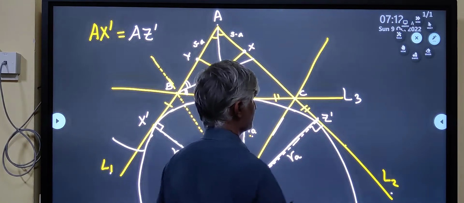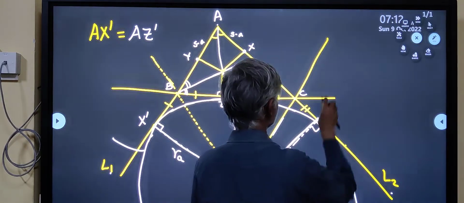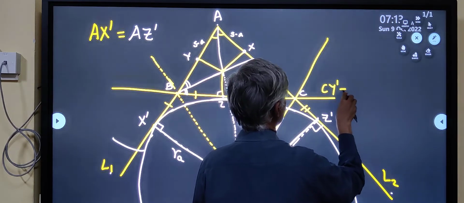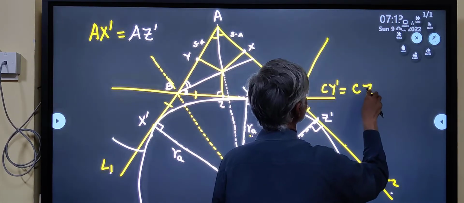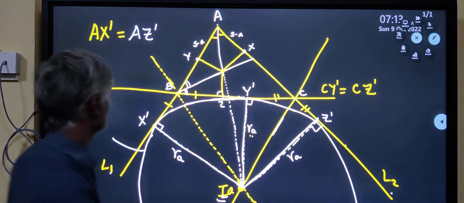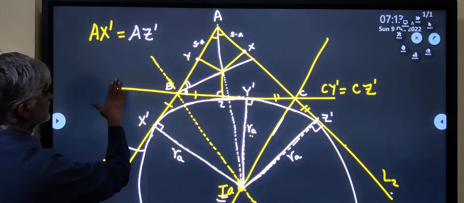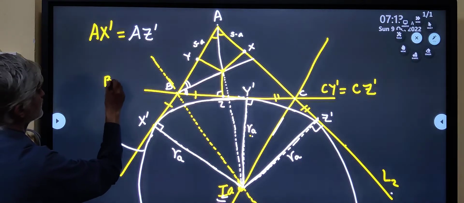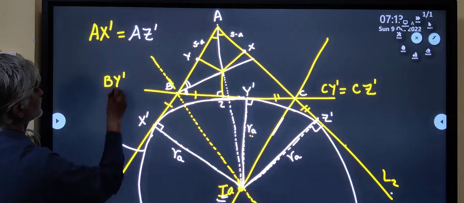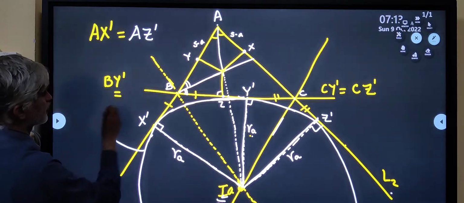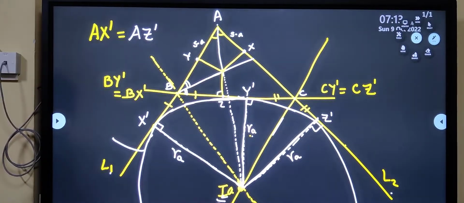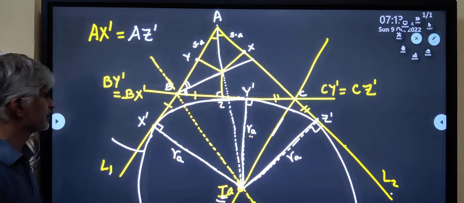So let me try and write this down. CY dash is equal to CZ dash, and here BY dash is equal to BX dash. So this part is clear.